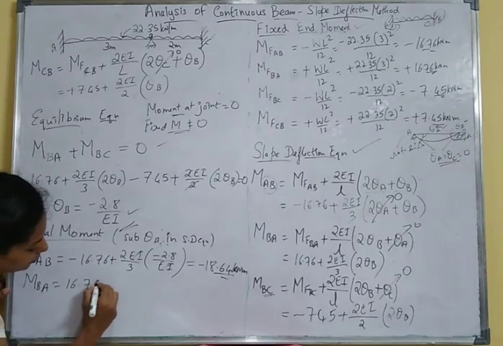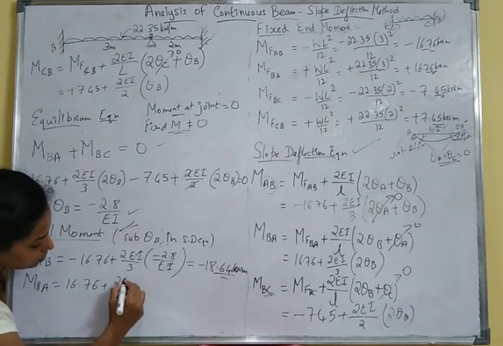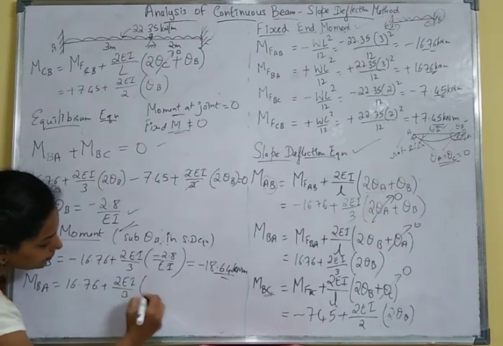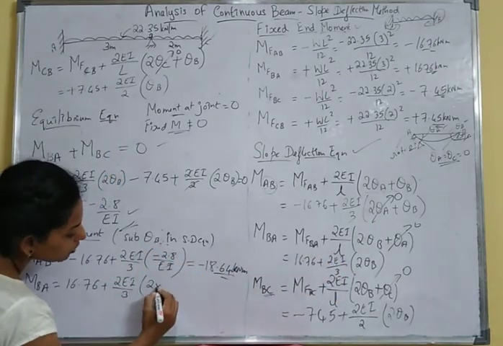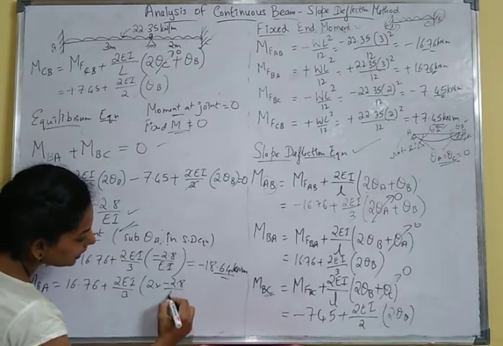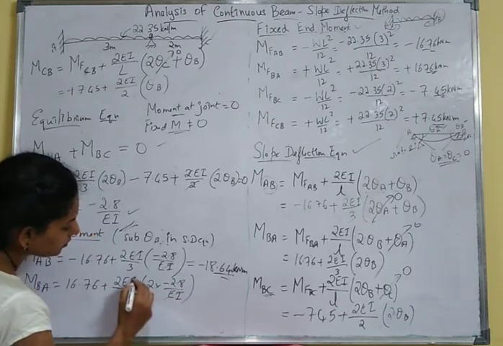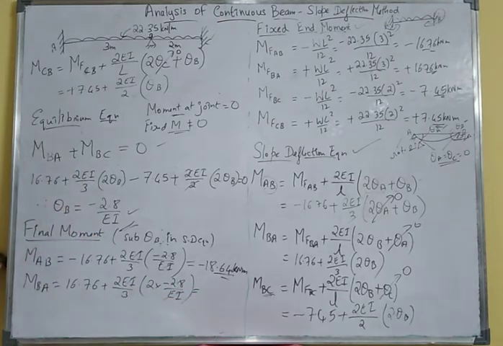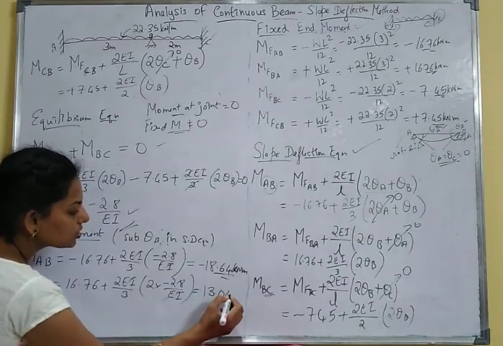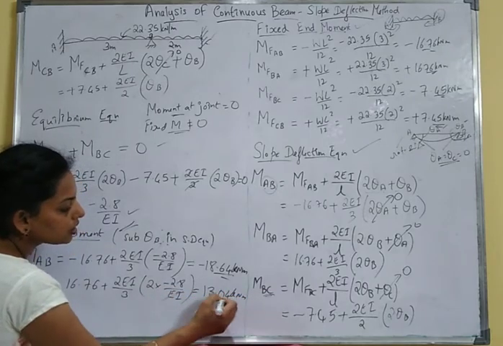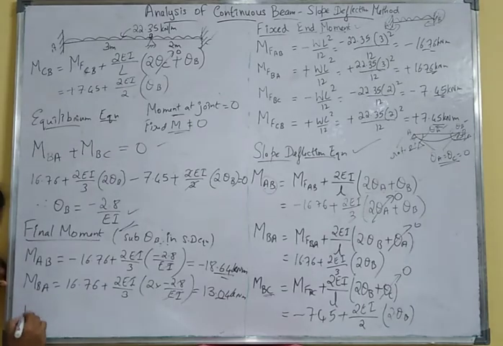Next, MBA. So plus 16.76 plus 2EI by L. Here you have 2 times theta B, so 2 into minus 2.8 by EI. Simplify and get the value. You will have positive 13.04 kilonewton meter. Next, MBC.